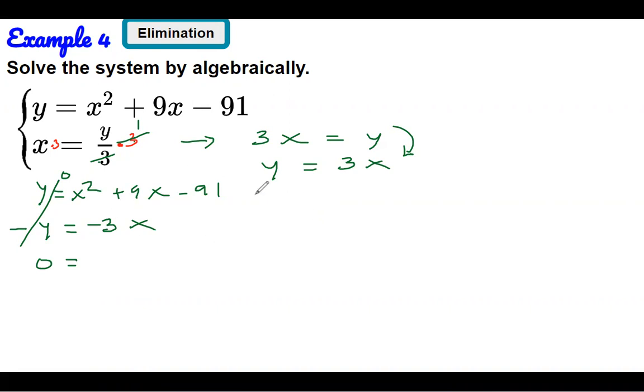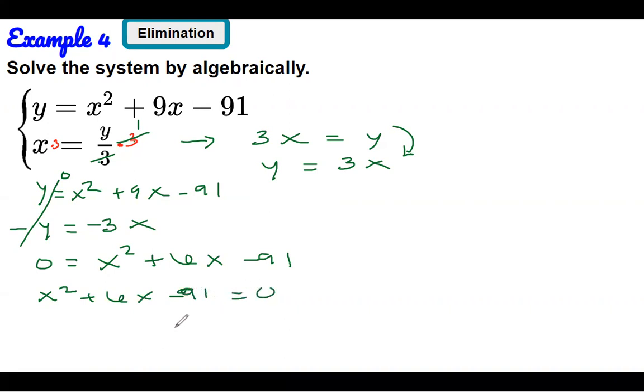What happens to my right side? x squared, 9x minus 3x plus 6x minus 91. Let's go ahead and write it in standard form: x squared plus 6x minus 91 equals 0.